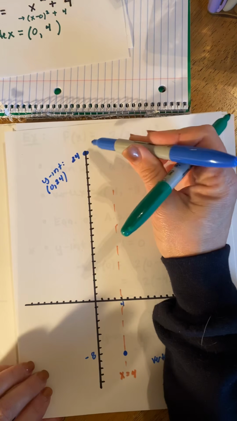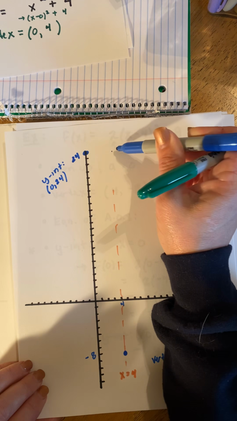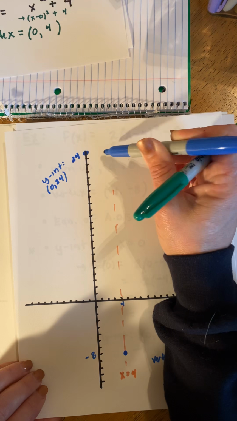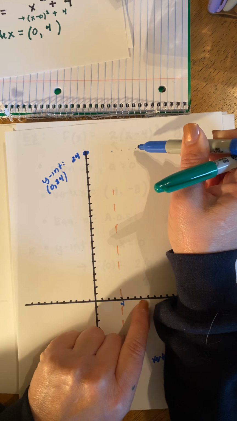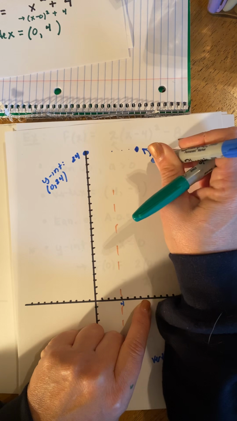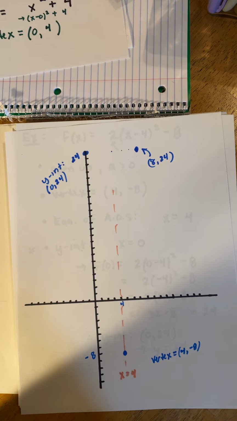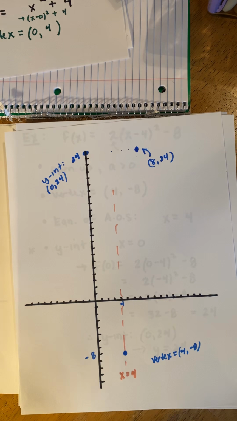I know my y-intercept is 4 steps to the left of the axis of symmetry, so I automatically know another point 4 steps to the right of the axis of symmetry. If I go 4 steps to the right, another point is automatically going to be (8, 24). So I already have 3 points, and all I need to do now is find where this crosses the x-axis.